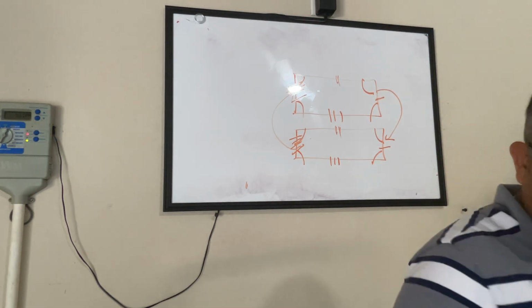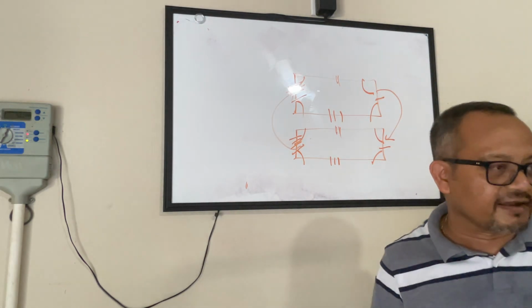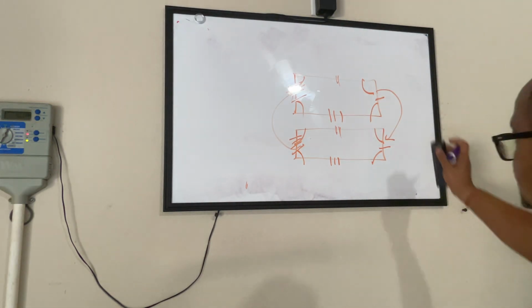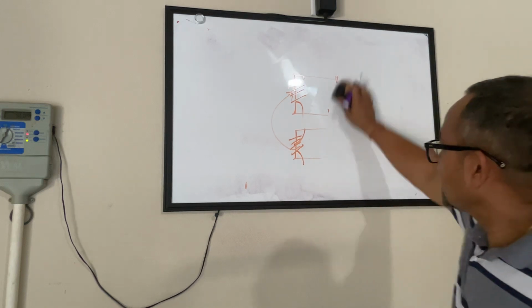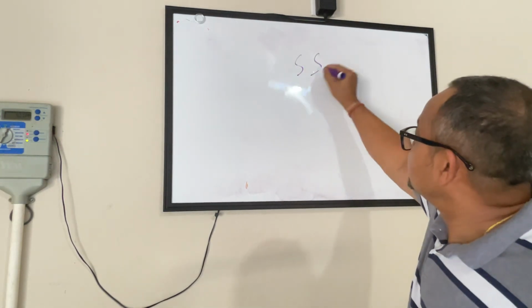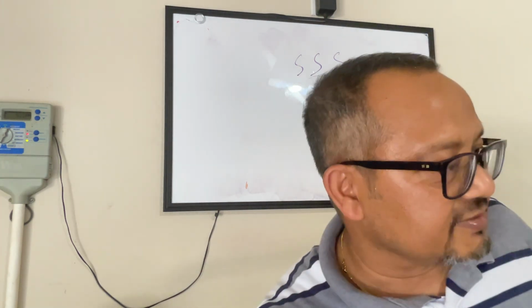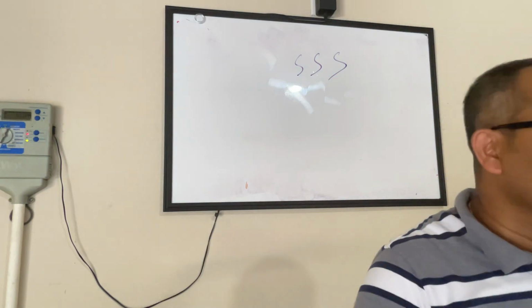Now, there are a total of 4 theorems about triangles that will be very handy for us. Let's look at that. The first theorem is called SSS, meaning side, side, side. What does it mean?